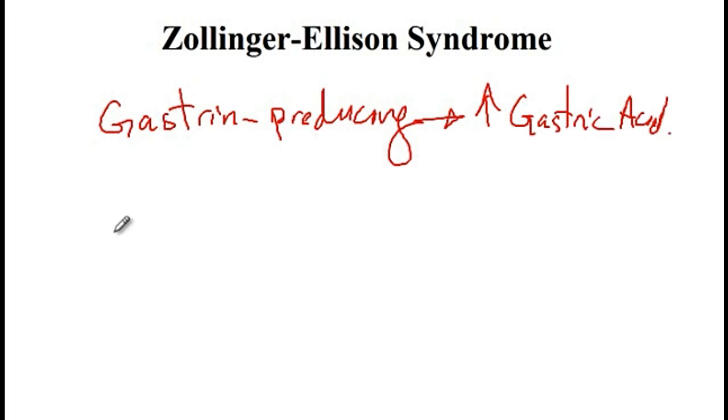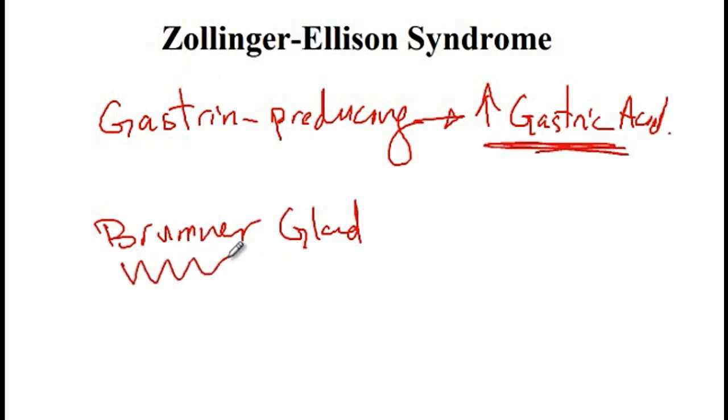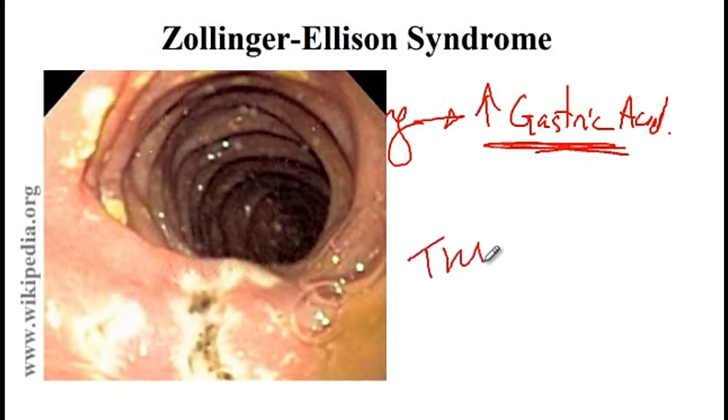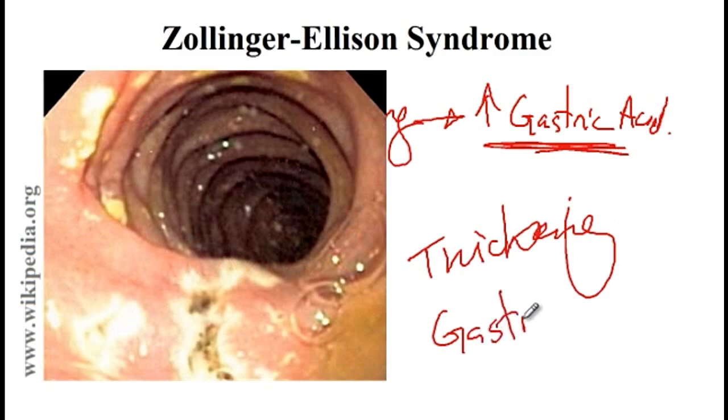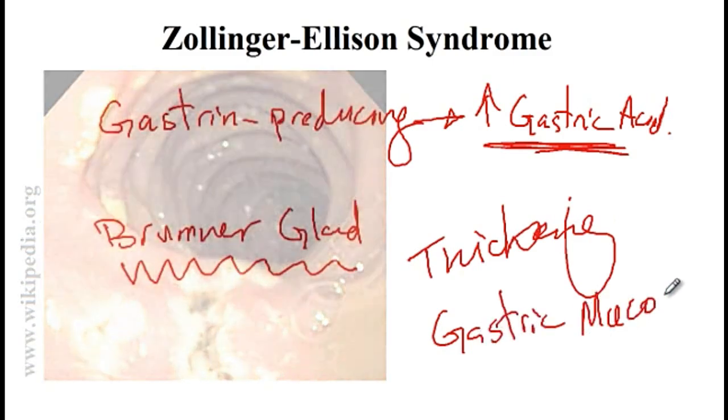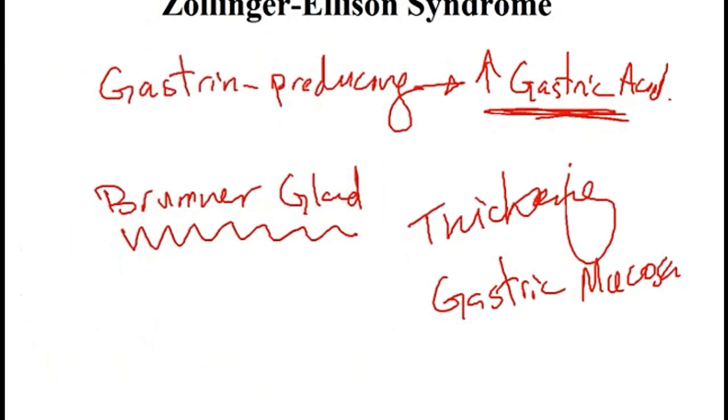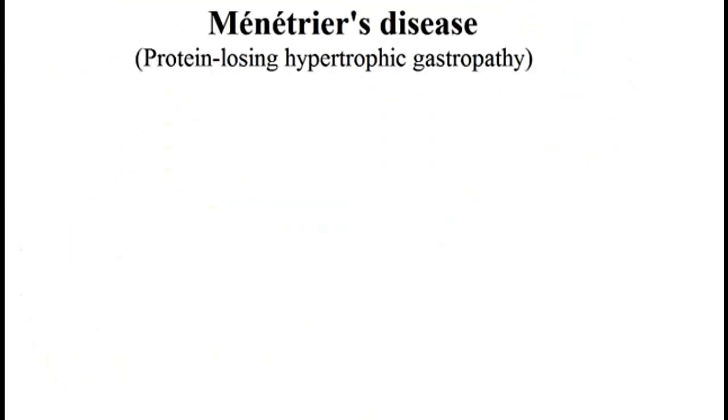So as I just discussed earlier, Brunner's gland is located in the duodenal submucosa and it secretes an alkaline mucus. So in these patients, since there is too much gastric acid secretion, there will be hypertrophy of Brunner's glands. And then one other very important feature of Zollinger-Ellison syndrome is that there is thickening of gastric mucosa.